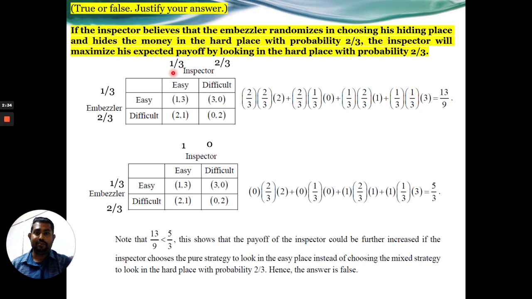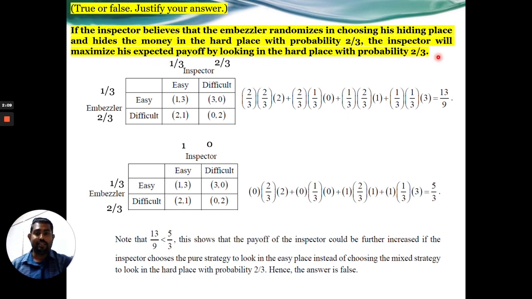So first of all, we just calculate using mixed strategy. So 2/3 times 2/3 and 2. I start from behind, you can start from the front also, you will still get the same answer. So we get 13/9.